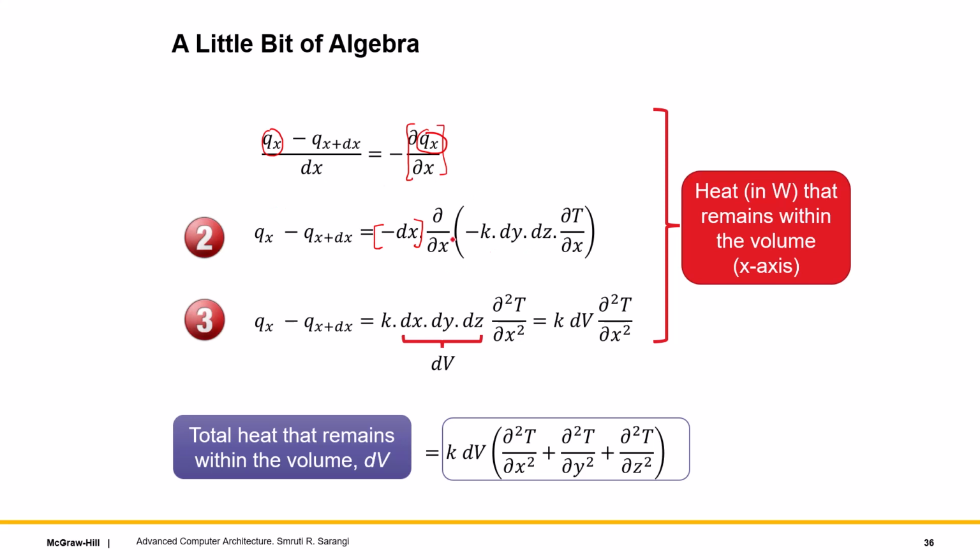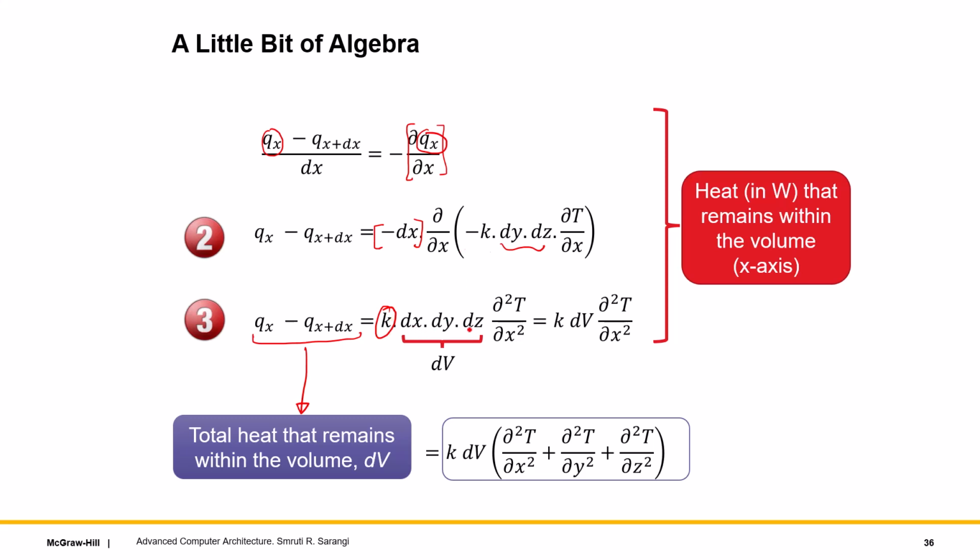So we come here. So basically the heat that remains within the volume is nothing but, so these two are constants, so I can take them out, minus minus cancels, is k times dx dy dz, right? So the k is a constant of proportionality. We have not given it a name, but we will very soon give it a name.